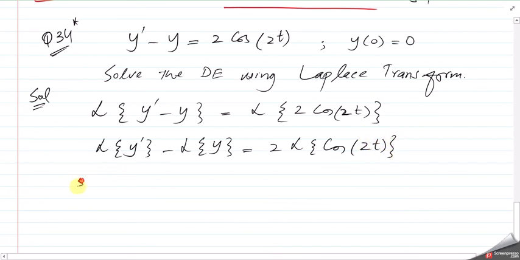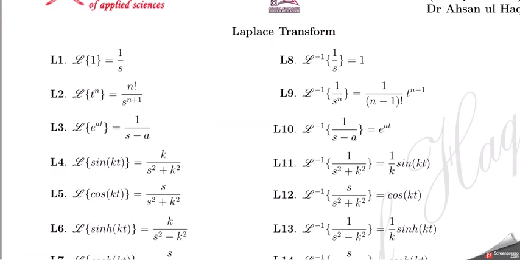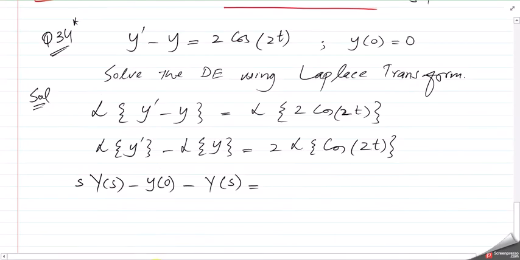Laplace of y prime is s capital Y of s minus small y of 0. Remember, capital Y of s means Laplace is already taken, and y of 0 is the given condition in the question. Minus capital Y of s. Laplace of cos 2t is s over s square plus 4.